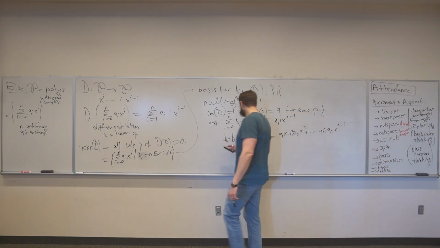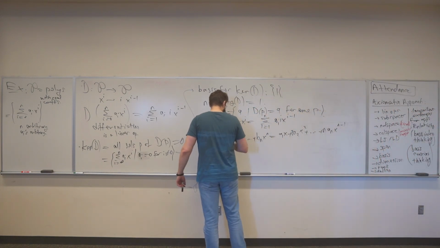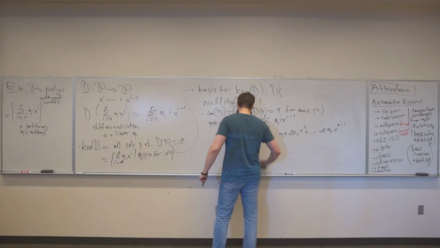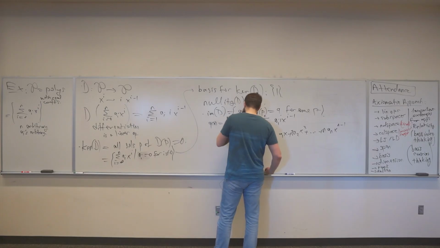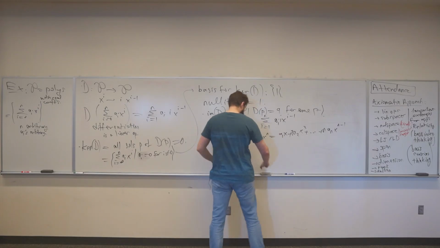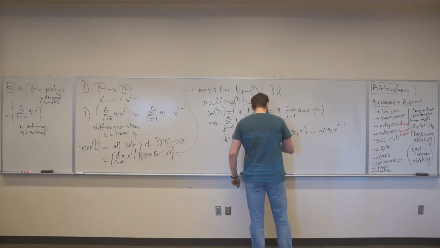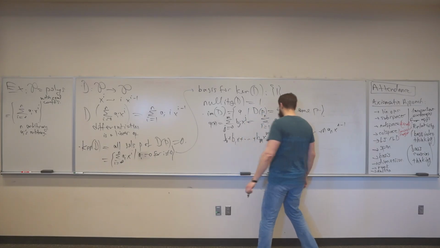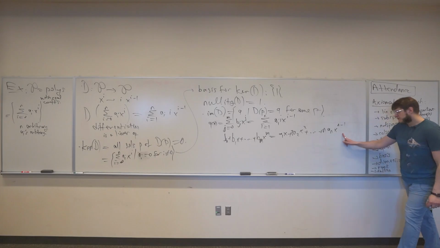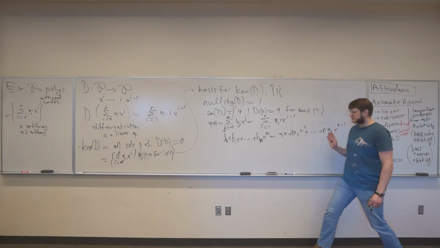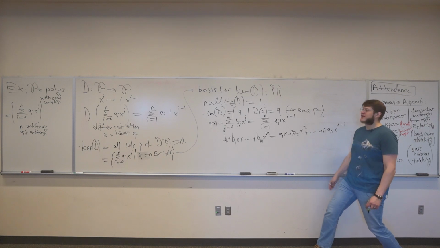Maybe I should use different indices here, in fact, because in principle I don't know that these are going to be of the same index. So let's say m, j, then it's b_j x^j, goes all the way up to m, like this, and I have that. So I have this expression that works for any x. That's what it means for two vectors to be the same in this world of polynomials.